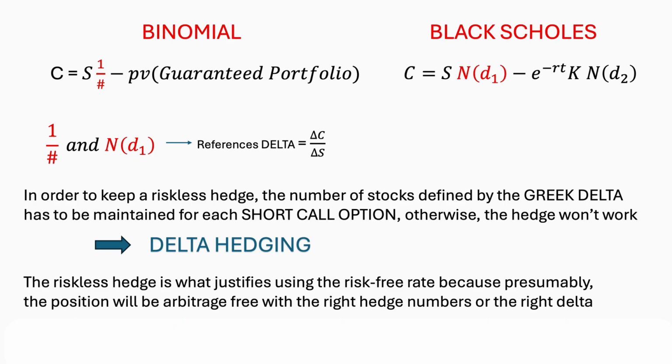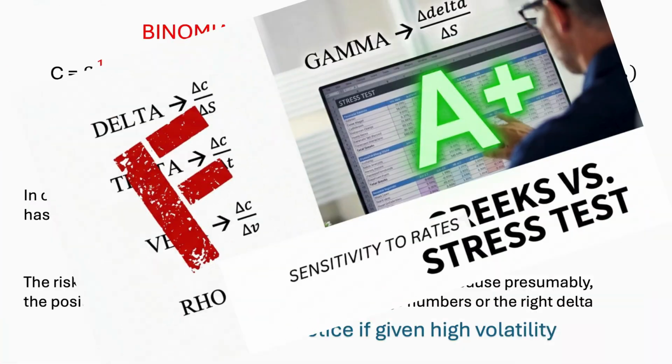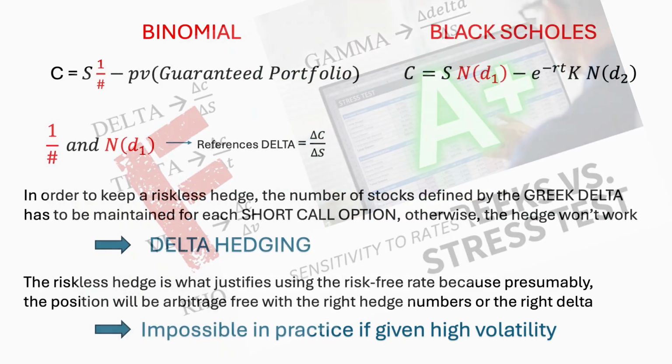And this is why in times of high volatility, delta hedging becomes impossible, especially when the stocks themselves are unavailable or have prices that are extremely depressed, or when nobody wants to take positions in the option markets at all, which partly explains why the Greeks failed during the 2008 financial crisis.